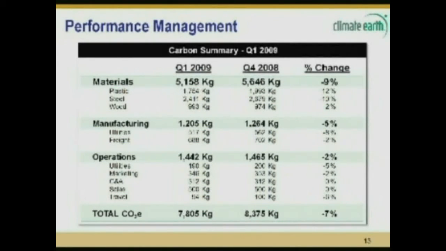This same kind of analysis can be done by product line or by material specifically, as it's done here in the top level of the chart. But the key is, if you're going to be treating carbon as a strategic metric, we should be looking quarterly or at least semi-annually at the numbers and tracking our progress.